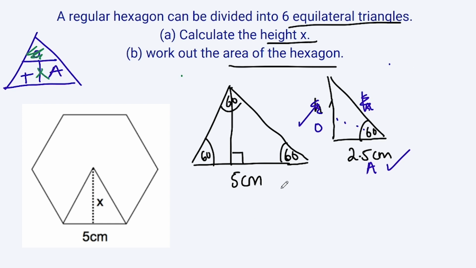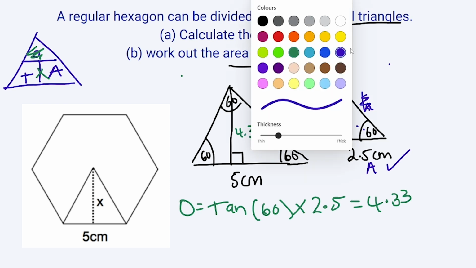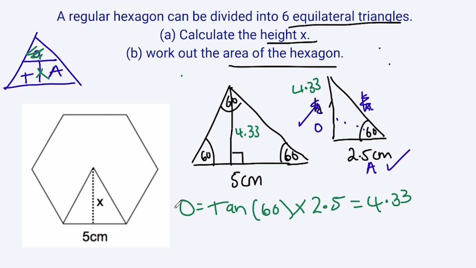So opposite equals tan 60 times adjacent, which is 2.5. And if you place that in your calculator, you should get 4.33. That means this opposite is 4.33. Okay, this is 4.33.